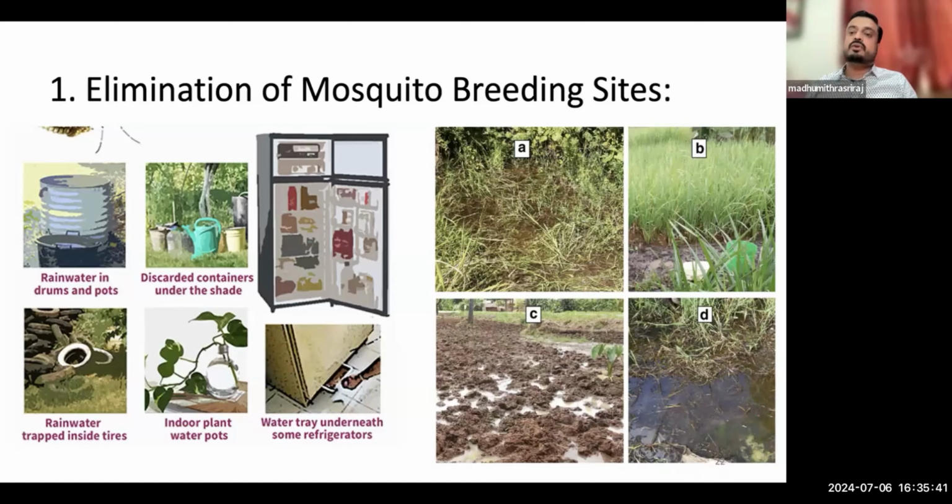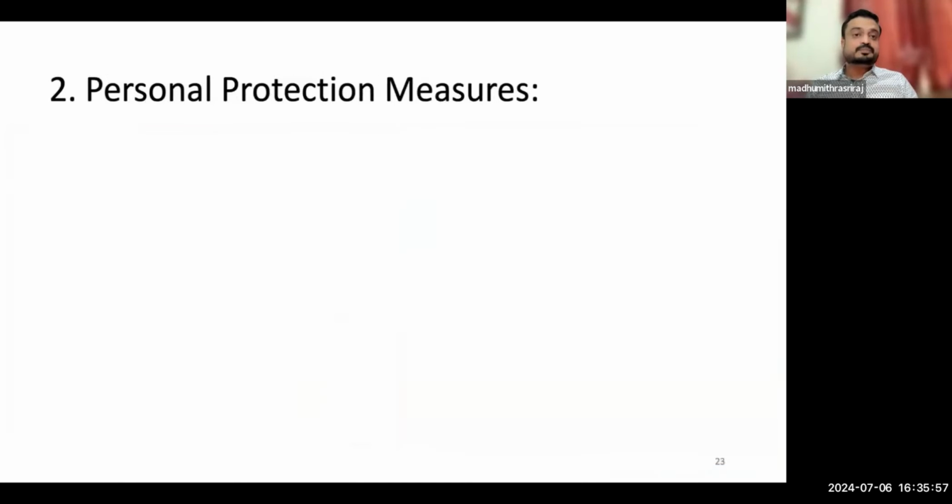You can individually follow practices like using mosquito nets, putting mosquito mesh on your windows, and wearing full length dresses. All these things can be practiced as a community so that we can bring down the burden of disease.